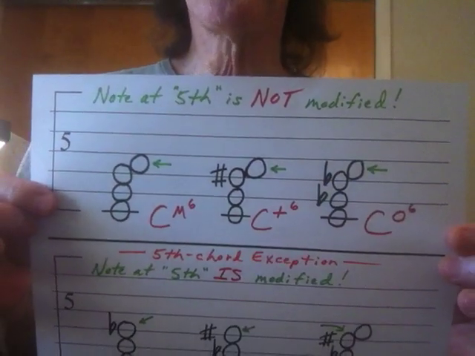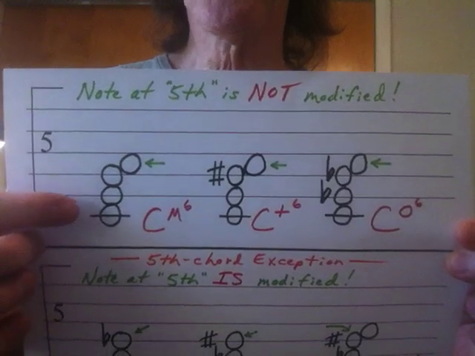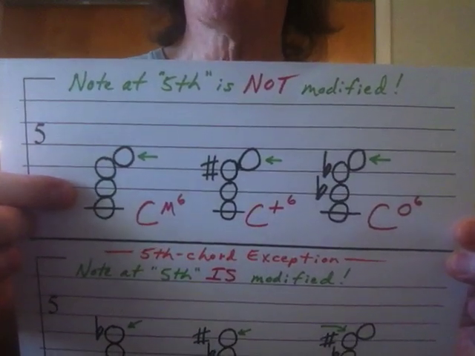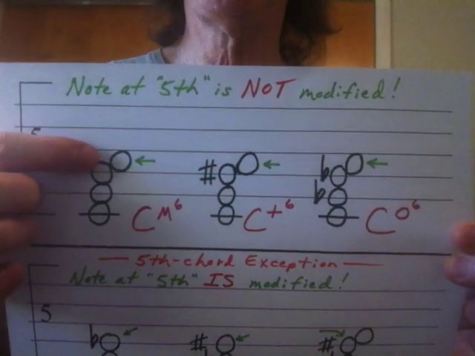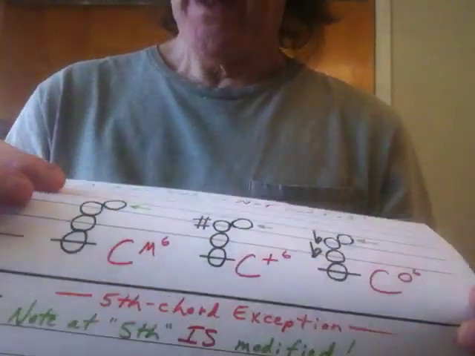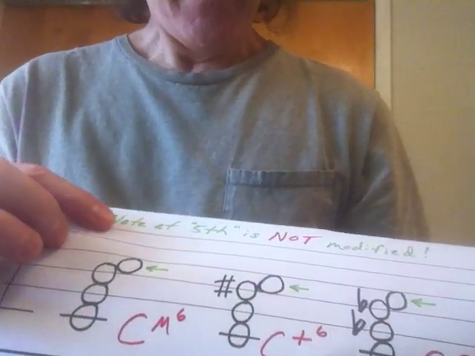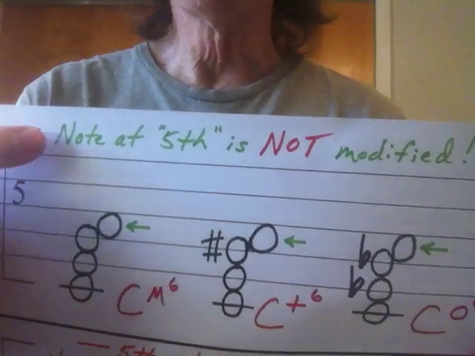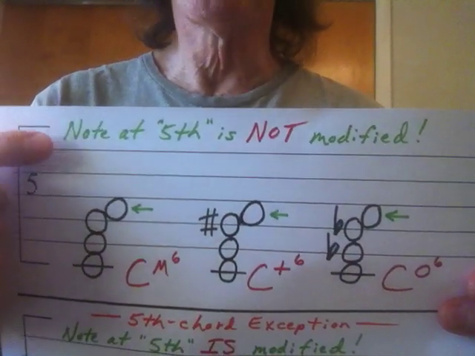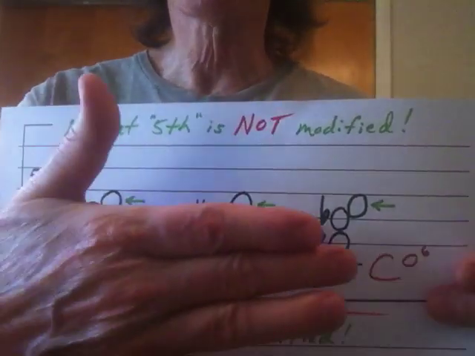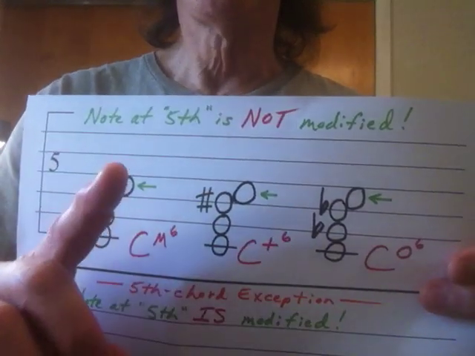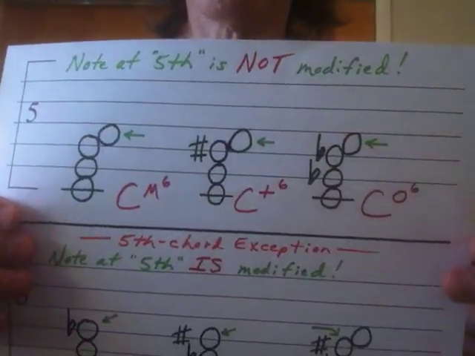Now, what we have here, though, is some fifth chords with some added notes, right? But you see, the note at the interval of a fifth in these 3 chords is not modified, right? That's important.